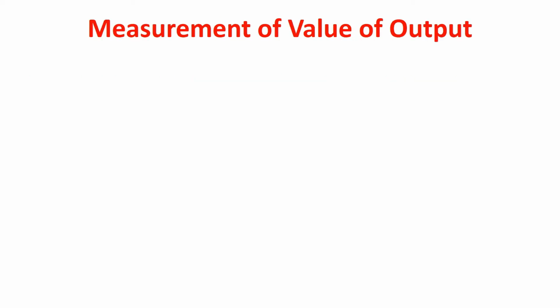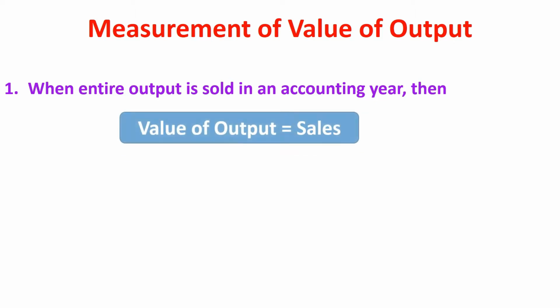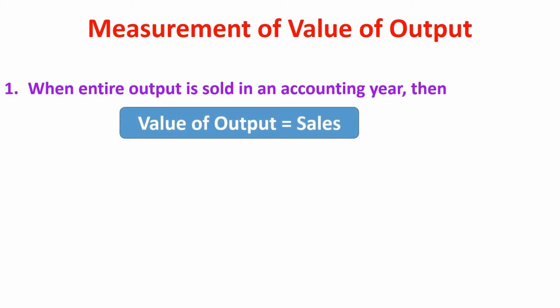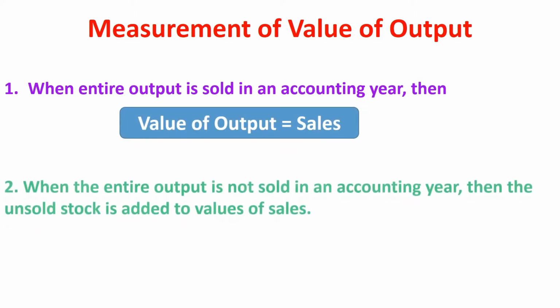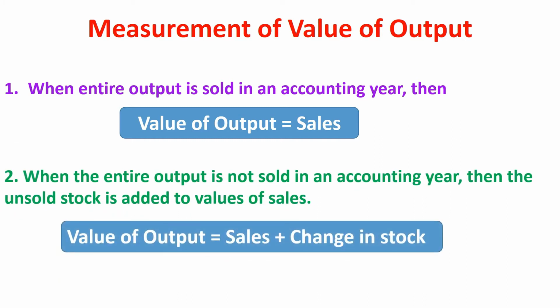Measurement of value of output. When entire output is sold in an accounting year, then value of output is equal to sales. When the entire output is not sold in an accounting year, then the unsold stock is added to value of sales. Value of output is equal to sales plus change in stock.